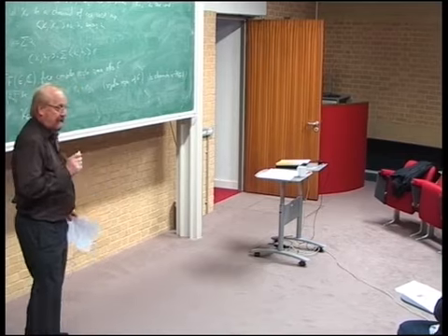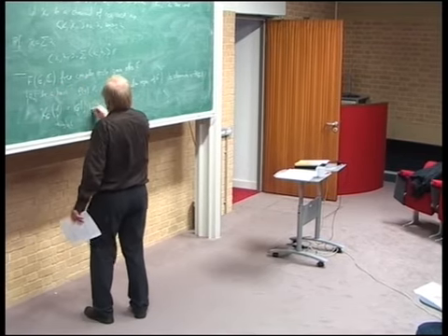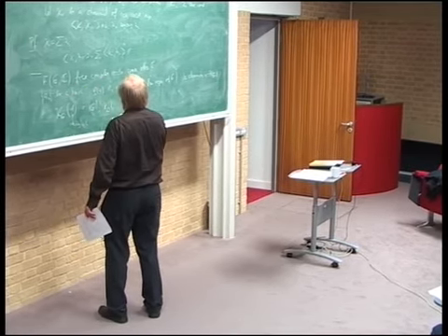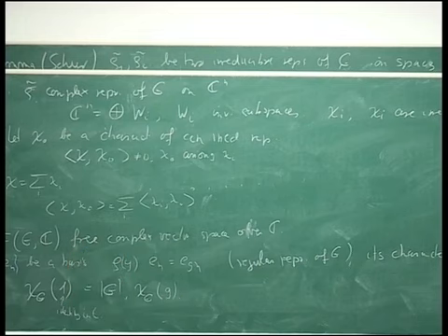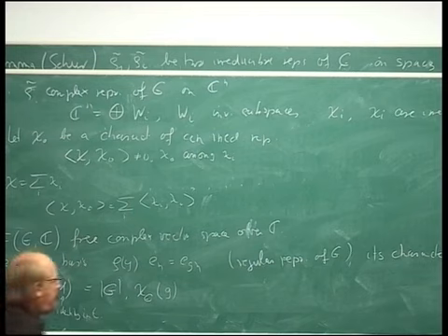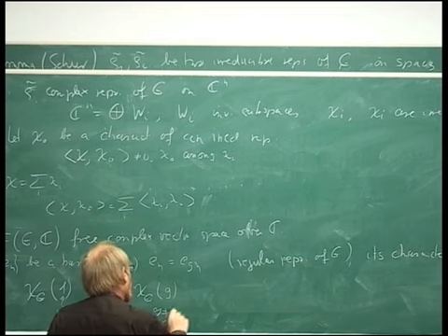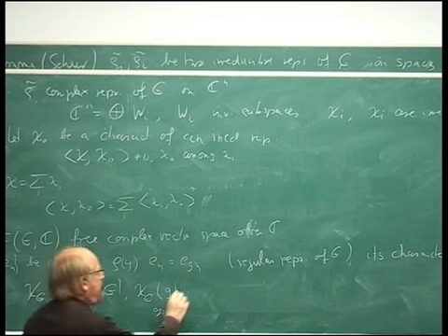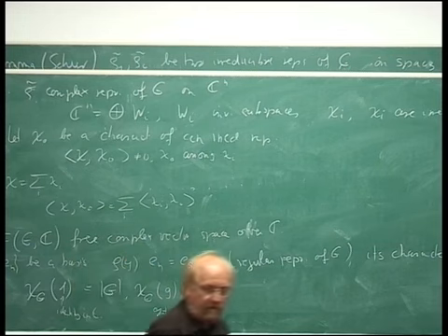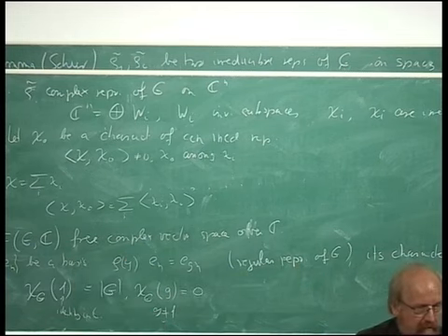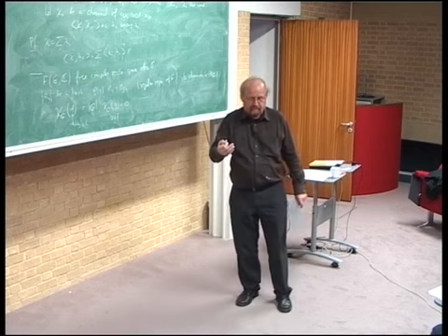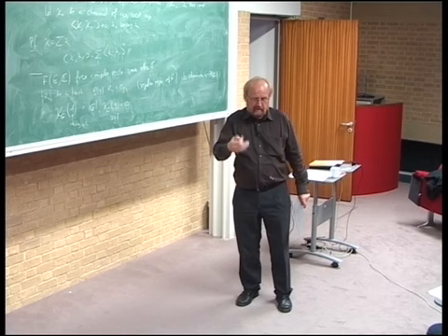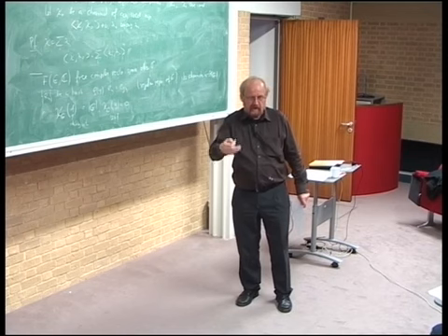And if you look at chi_G at an element g, and g is not the identity element, then this is 0. Why is it 0? If you multiply e_h with g, you have e_gh, and you have no diagonal entries.